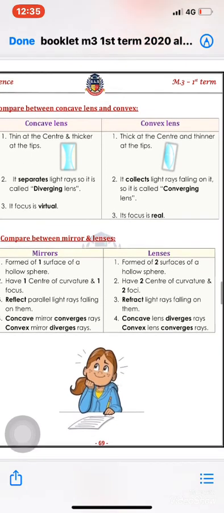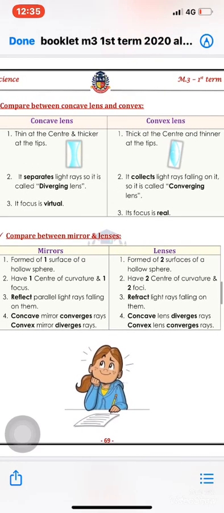The last thing is a comparison between mirrors and lenses. This is very easy. Mirrors have one surface formed from one surface of a hollow sphere, while lenses are formed from two surfaces of a hollow sphere. Again, mirrors have one center of curvature with one focus, while lenses have two centers of curvature and two foci.